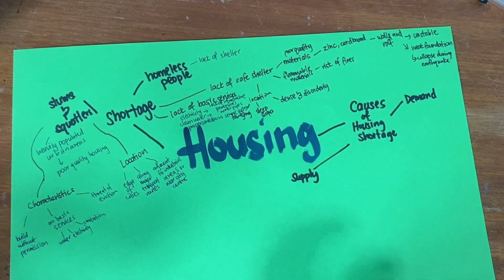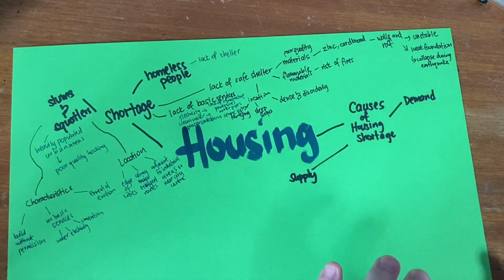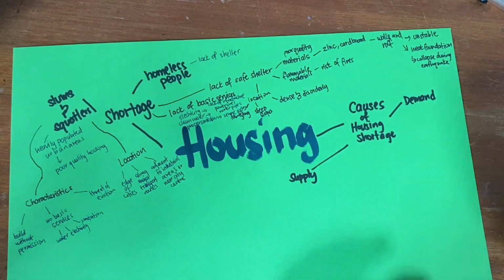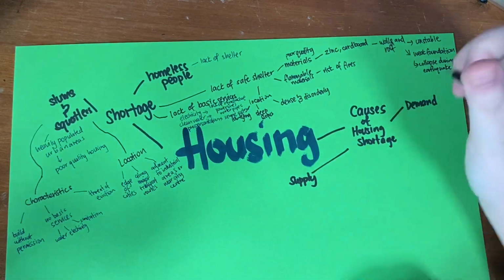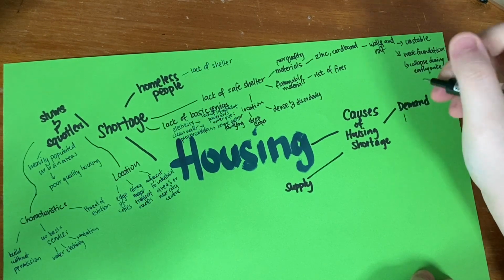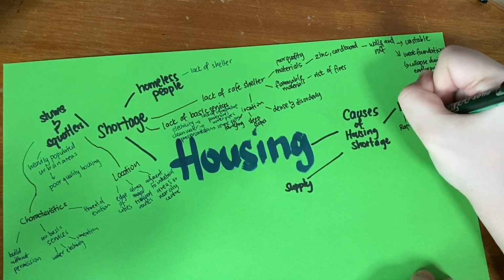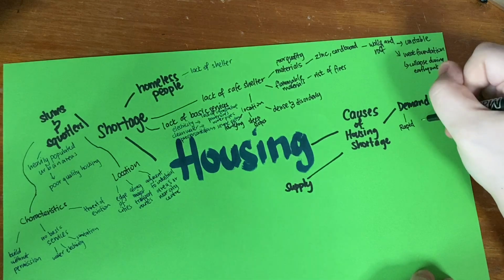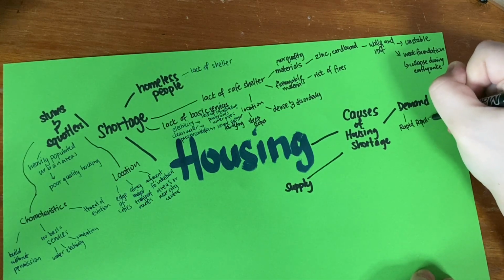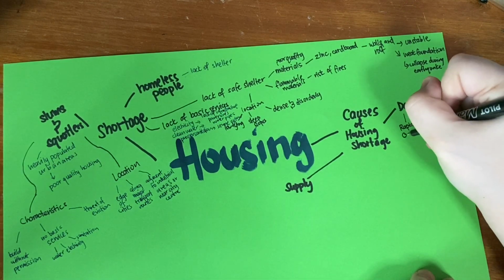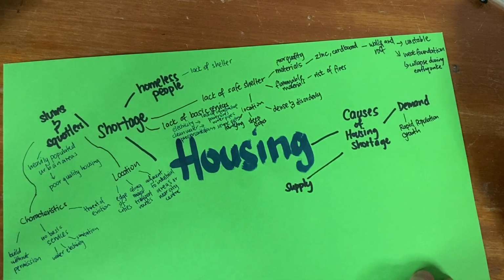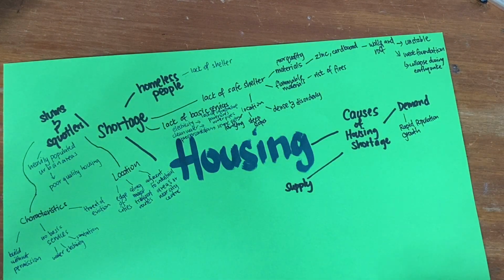So the first one that we're going to look at is the demand cause, which is rapid population growth. Not sure if you remember this. This is my favorite. You'll realize that a lot of problems are caused by rapid population growth. So how does rapid population growth lead to housing shortage?